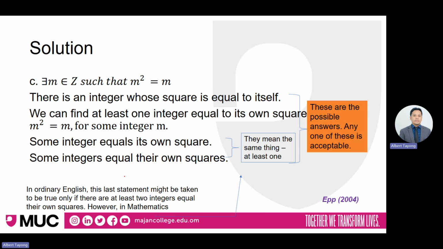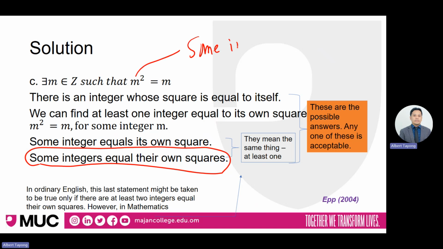This is what I'm saying. You can use some instead of there exists. You can say some, then use the plural. You cannot say some integer. Some integers. Also, sometimes we use some integer, but it doesn't sound good. We usually use the plural after some.